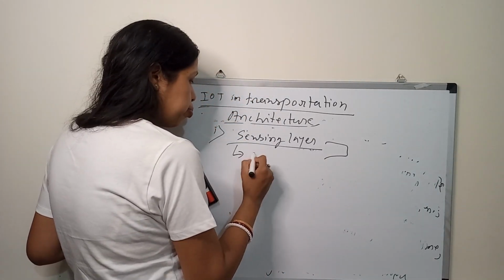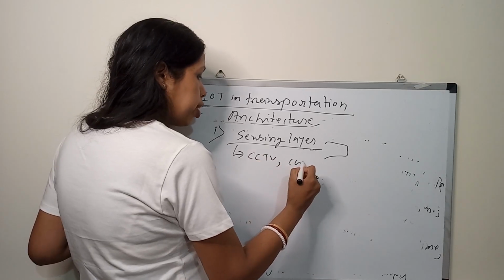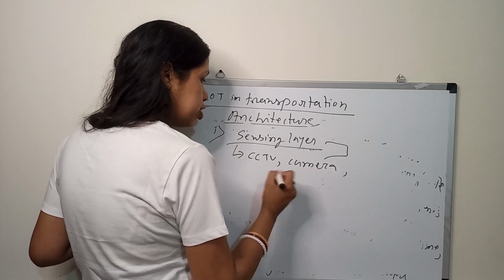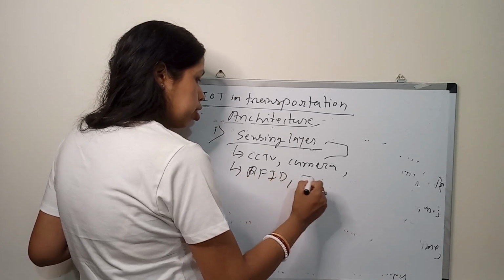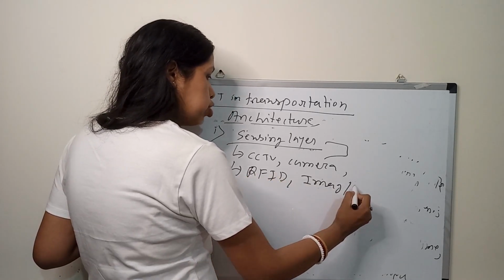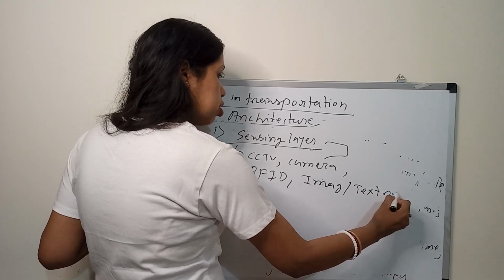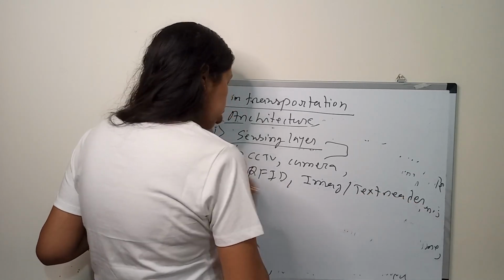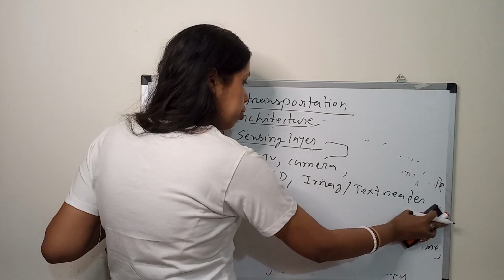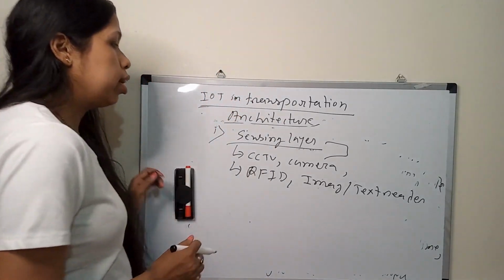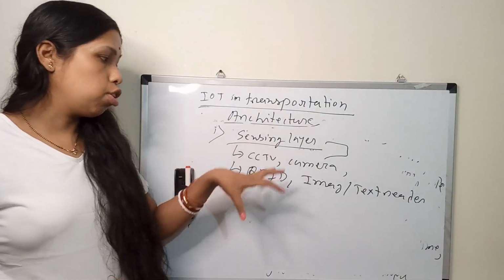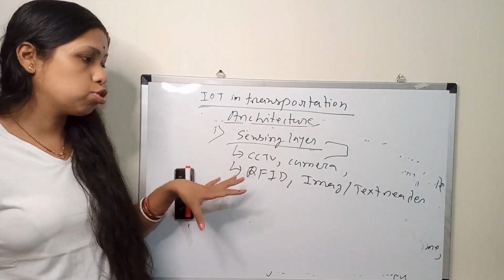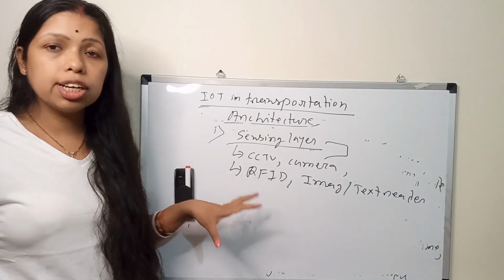What are the examples? CCTV camera, RFID, image or text reader. By using these electronic components, we can detect the data from the application layer. These are all under the electronic components and the sensor network.